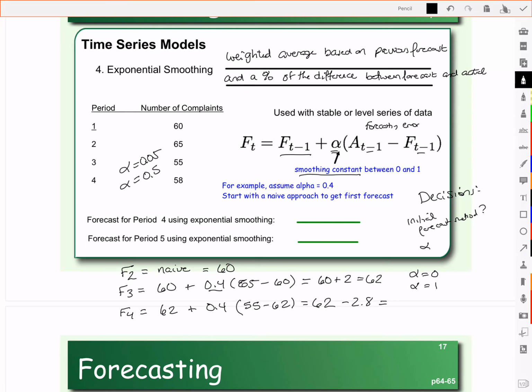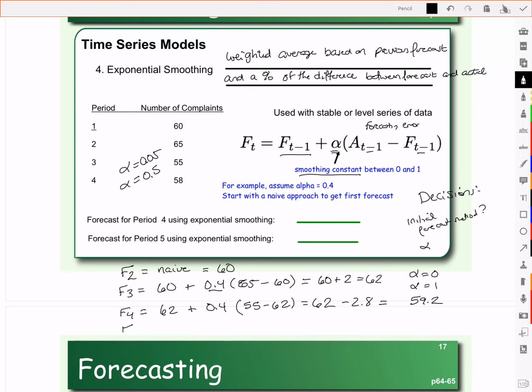So 62 minus 2.8 is 59.2. So our forecast for period 4 is now 59.2.